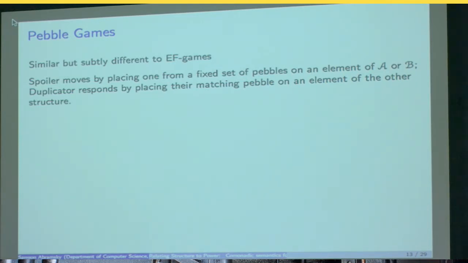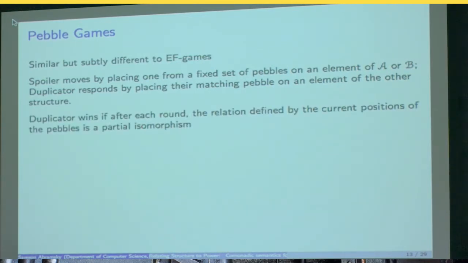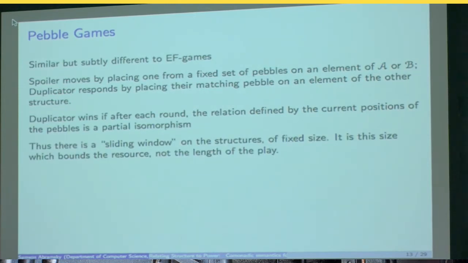So spoiler moves by placing one pebble on an element of either A or B, and duplicator responds by placing their matching pebble on an element of the other structure. And spoiler wins if after each round the relation defined by the current positions of the pebbles is not a partial isomorphism. So you can play as long as you like, but there's a fixed size window on the structure which slides over different parts of the structure as you move the pebbles into different positions.